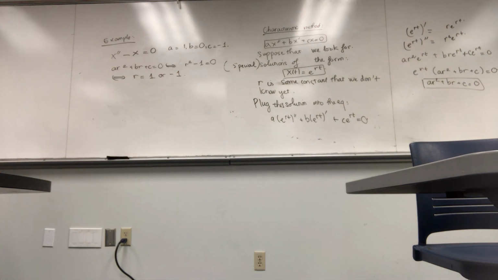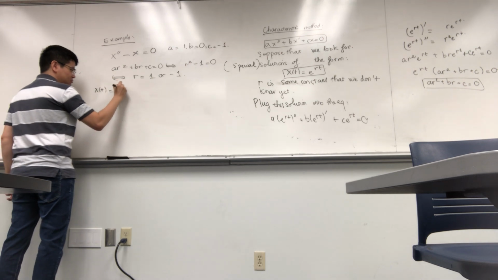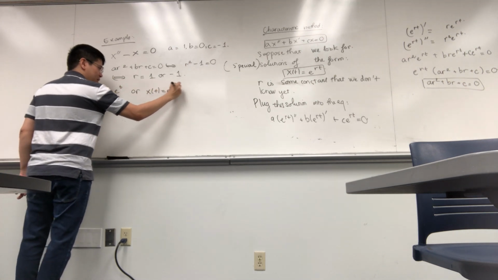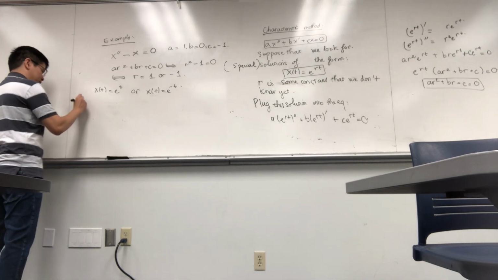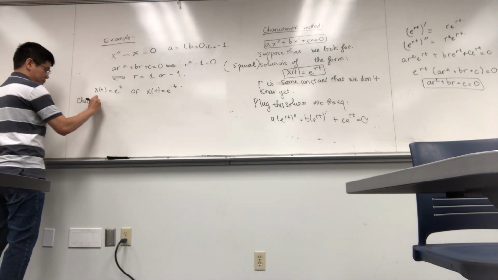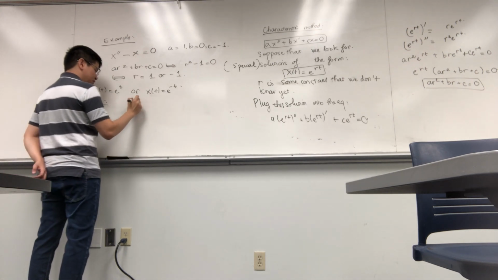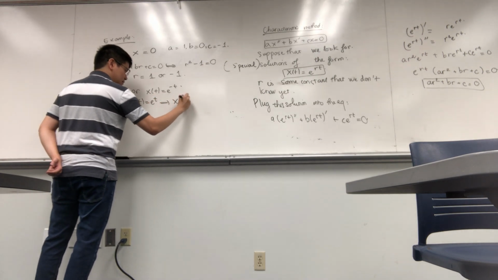All right? So x(t) should be e to the t, or x(t) should be e to the power minus t. It's good? Right. So let us check. If x(t) is e to the t, what is x''?